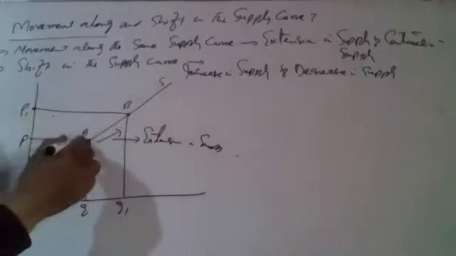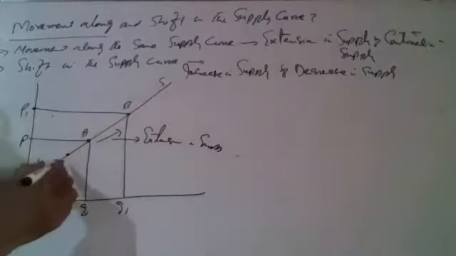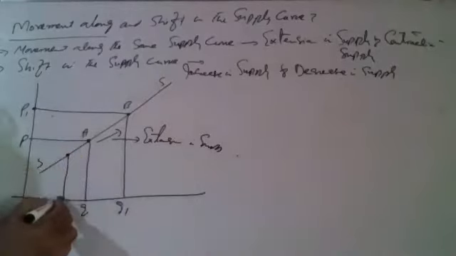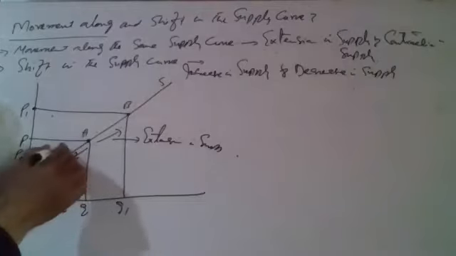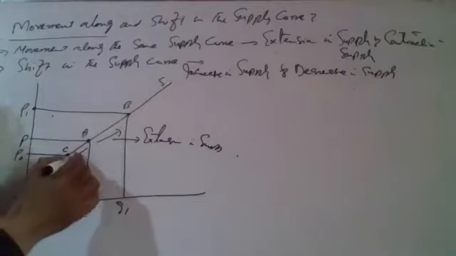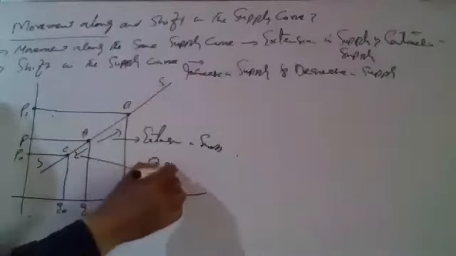If, for example, we move from point A to point C, here supply decreases from OQ to OQ0, due to fall in price from OP to OP0. So this A to C movement shows contraction in supply.